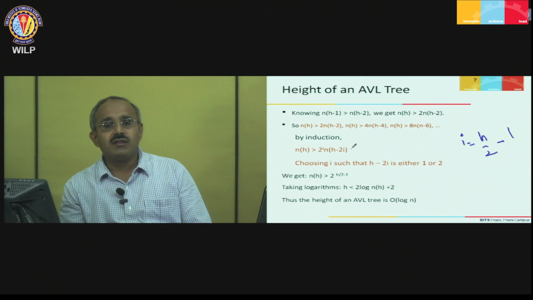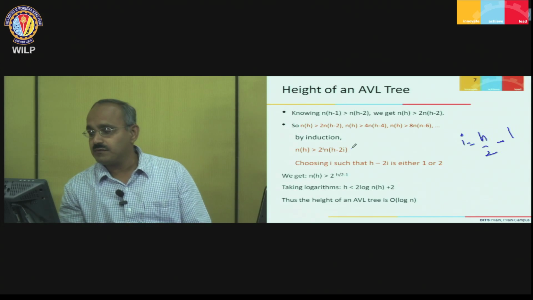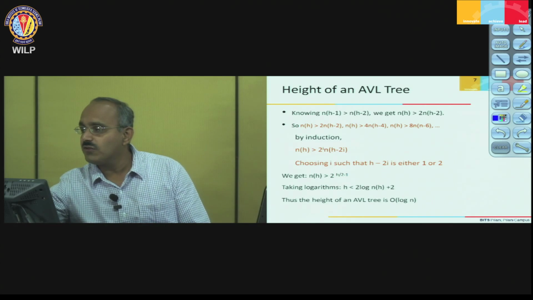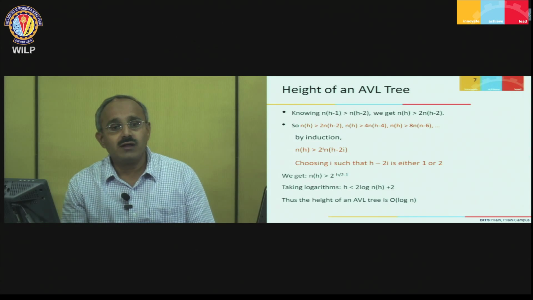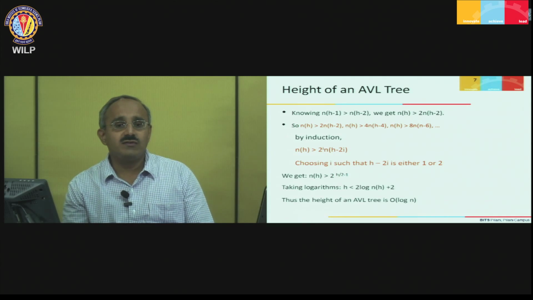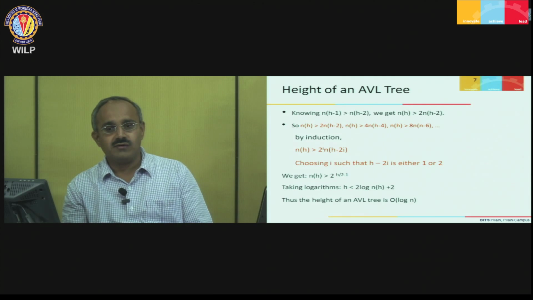So, we say that the height h of an AVL tree, which is going to store n items, is big O of log n. So, this is simply taking logarithms and changing the signs. This is a very important result that we have proved, that the height of an AVL tree, if it is going to store n keys, is always of order log n, and that is like the best case of your binary search tree.